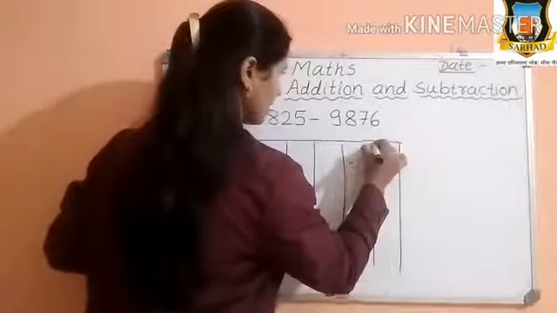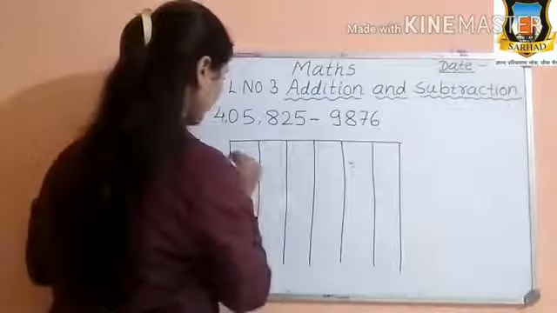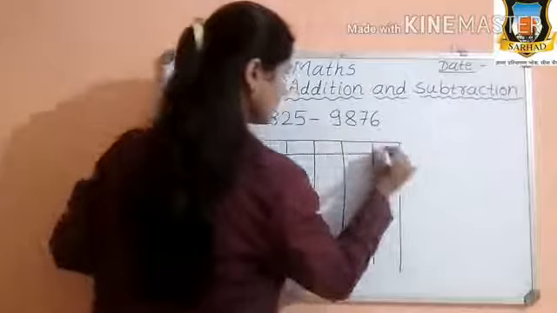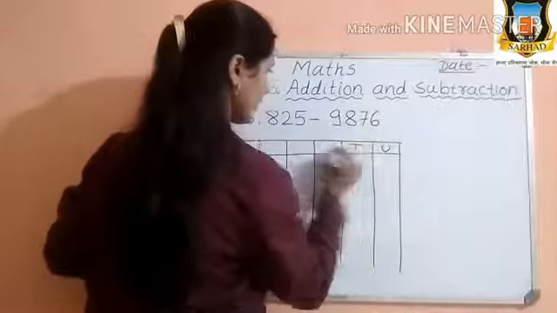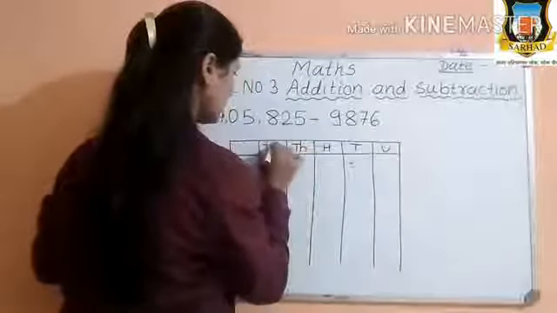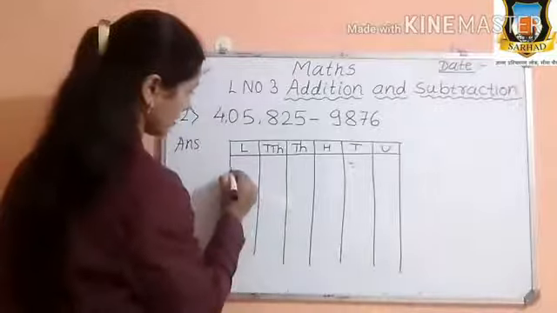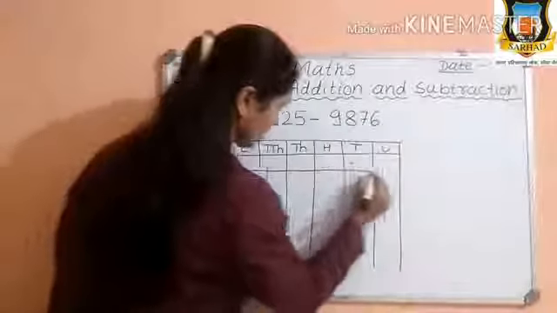Okay. Now we have to write its places: unit, tens, hundred, thousand, 10,000, lakh. Okay.